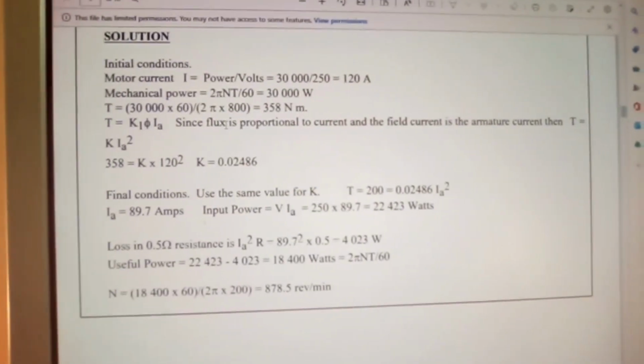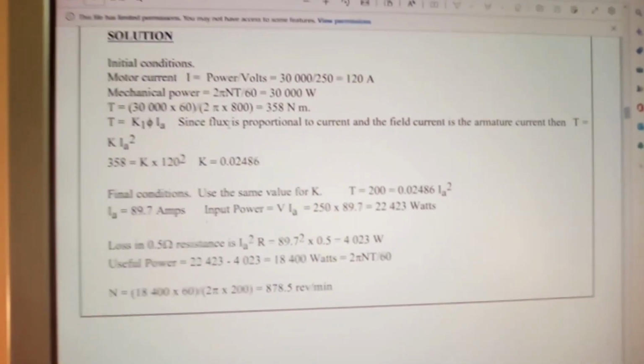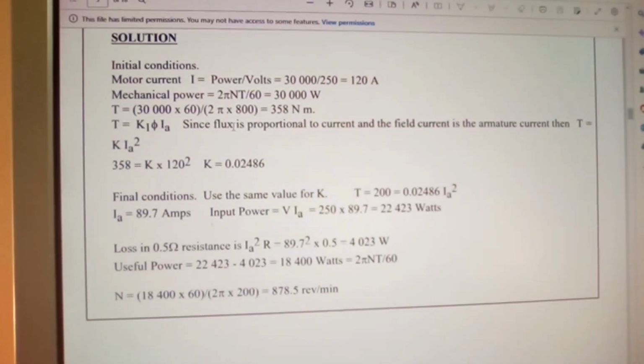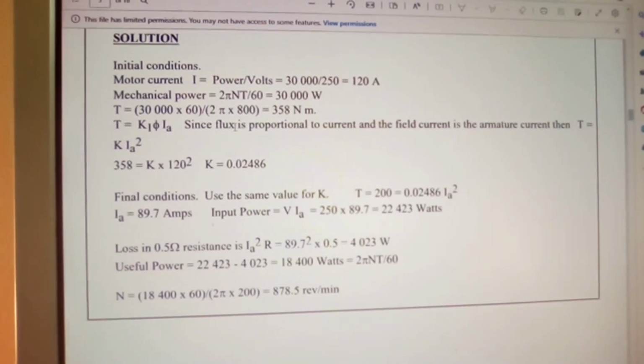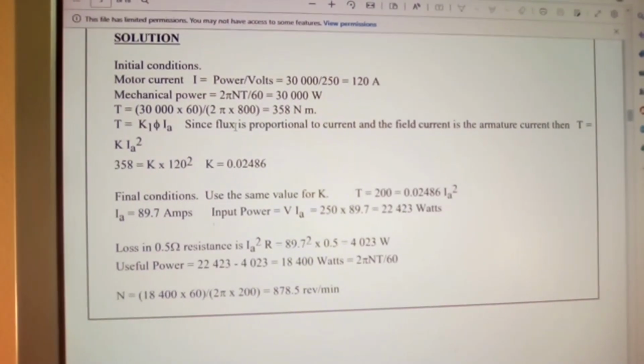Got it. Okay, found it. So flip that over.